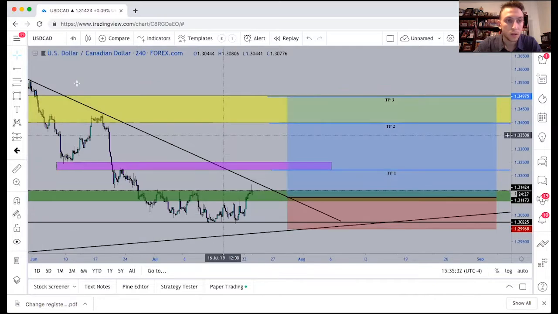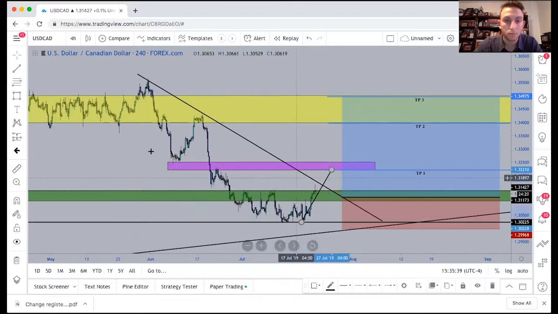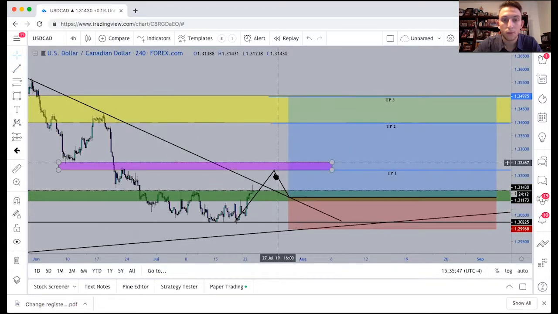And once again, be patient on this. You might have to just sit on your hands for a week, maybe more. Maybe it only takes a couple of days. Maybe we get a lot of volatility over the next few days. But however long it takes, we need to wait for that clean push up to this level of structure.